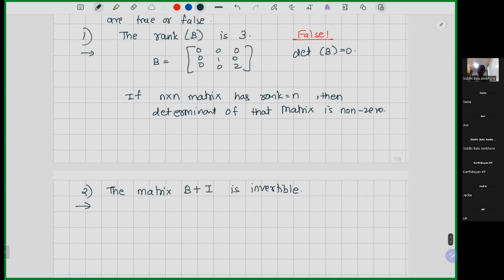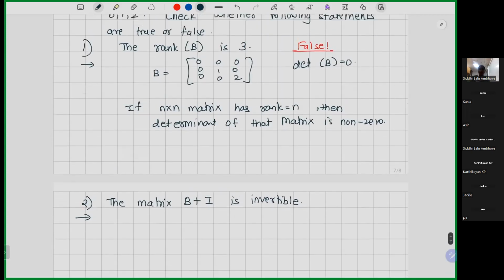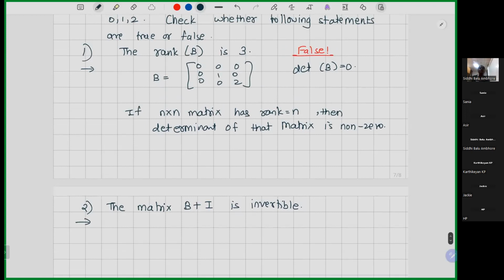Earlier this was the case where I wanted to prove this statement to be false, that the rank of B is 3. So I just produced one matrix where eigenvalues were 0, 1, 2, but its rank was less than 3. So I got that this statement is false.